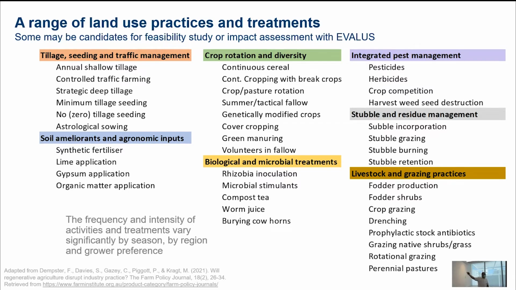But the scientists working at this department for the last 40 years and beyond, before that, and our collaborators at various universities around Australia have worked on these issues, the issues of tillage and fertilizer and time of sowing and everything else. So I won't go through the whole list, but Gazy et al.